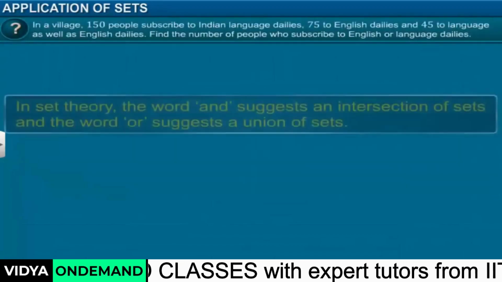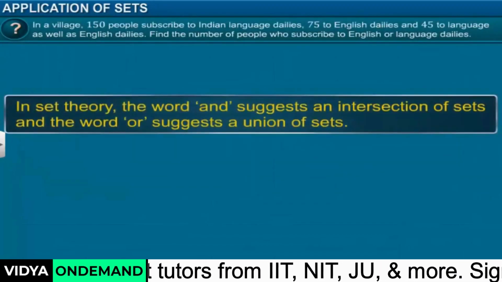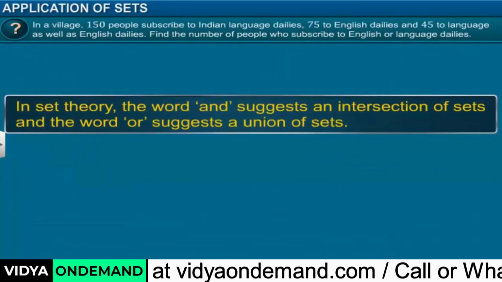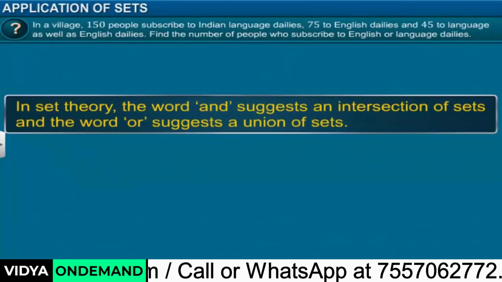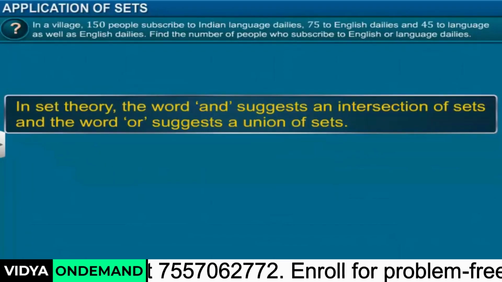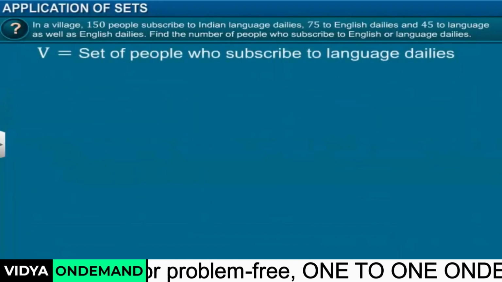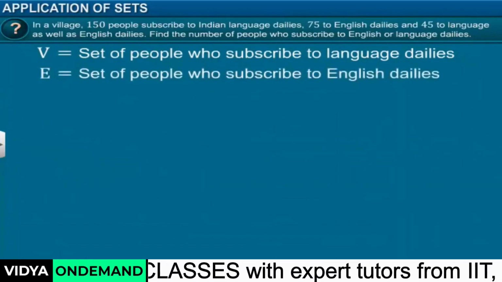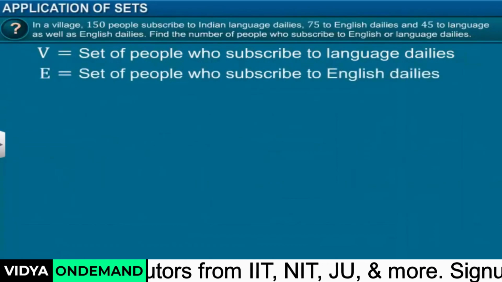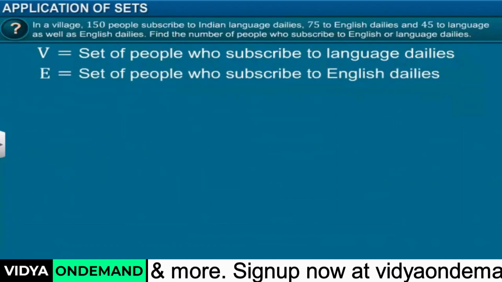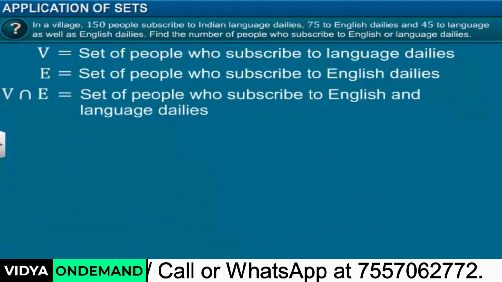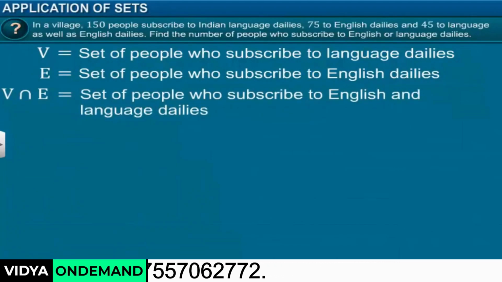In set theory, the word AND suggests an intersection and the word OR suggests a union of sets. Let V be the set of people who subscribe to language dailies and E be the set of people who subscribe to English dailies. Let V intersection E be the set of people who subscribe to English and language dailies.